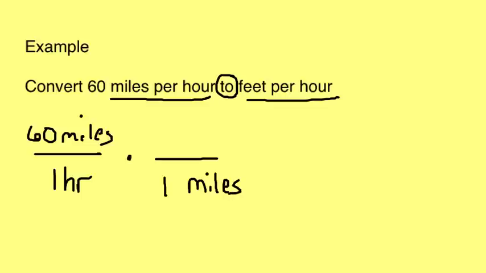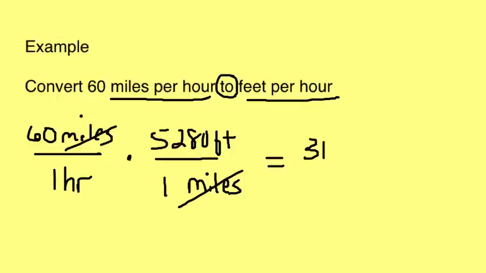So how many feet are in 1 mile? Well, 5,280 feet are in 1 mile. So now I can cross-cancel out my label of miles, and I'll be left with feet per hour. Well, when I calculate this out and I multiply 60 times 5,280, I'm going to get 316,800 feet in 1 hour.